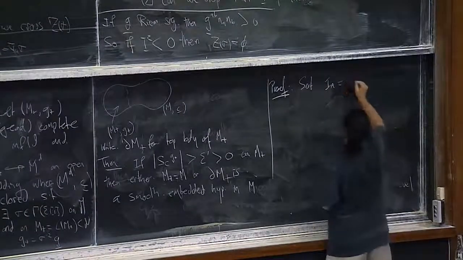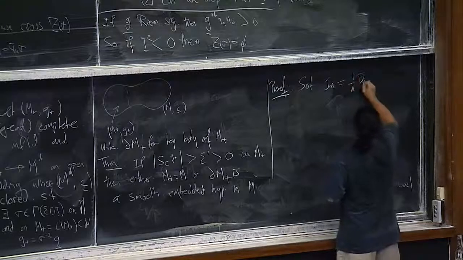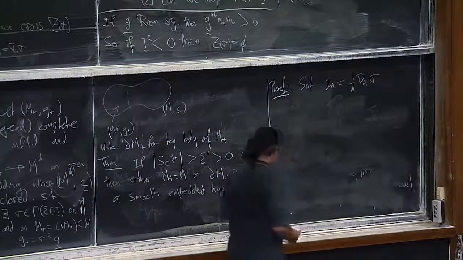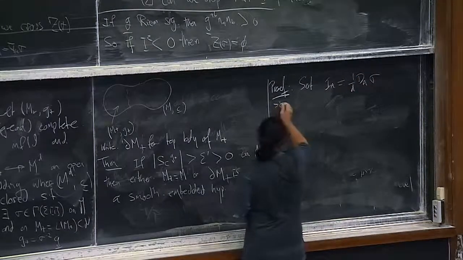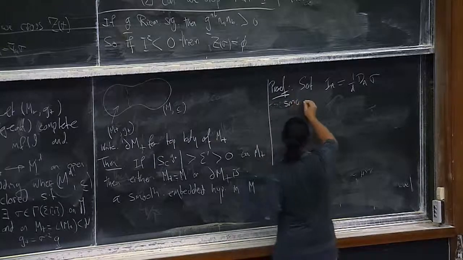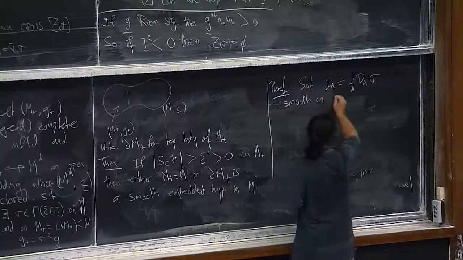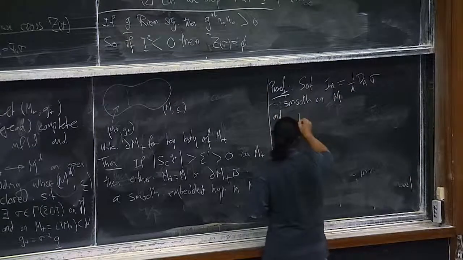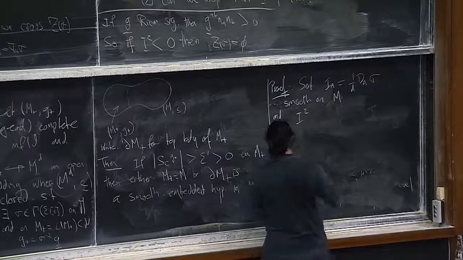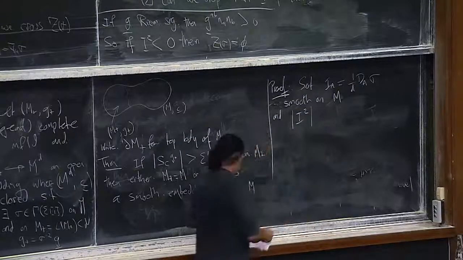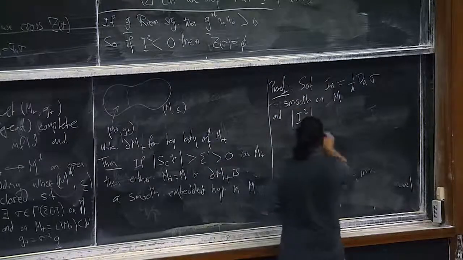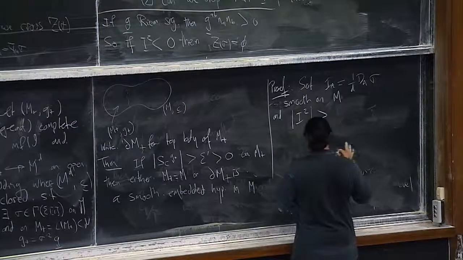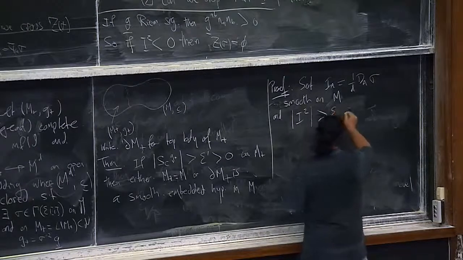Set the scale tractor up as usual. So this is I = (1/d)(D_A sigma). So that thing is smooth on all of M. And so is its square, its length. And what's more, this is bounded away from 0 as well on M+.